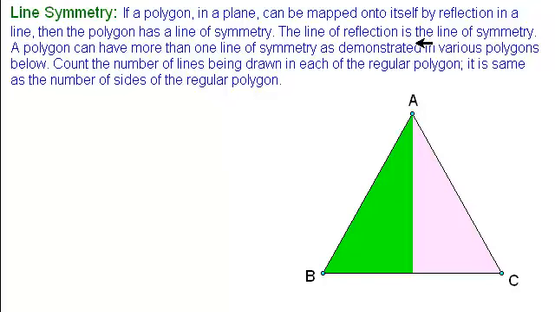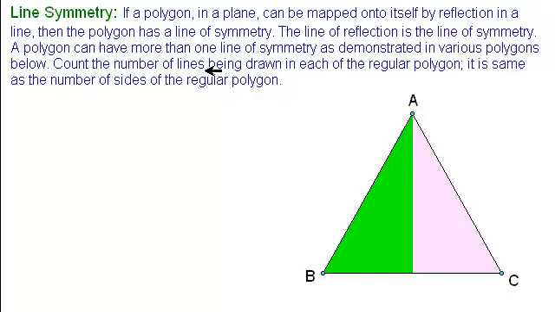The line of reflection is the line of symmetry. A polygon can have more than one line of symmetry, as demonstrated in various polygons below.